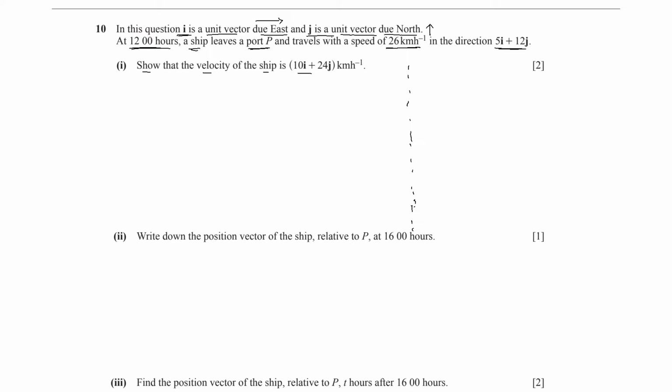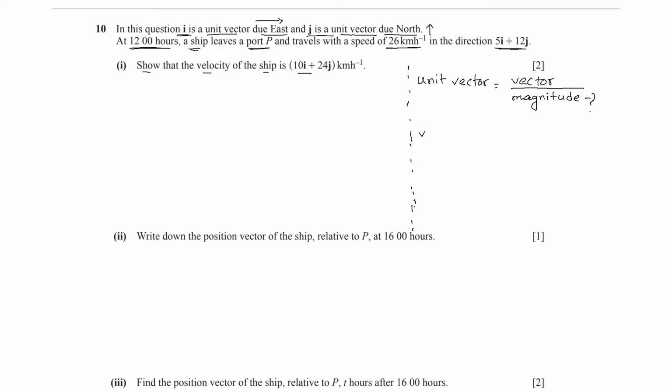So, what is a unit vector? A unit vector can be defined as a vector divided by the magnitude of that vector. So let's write the magnitude. But how can we get the magnitude of any vector?